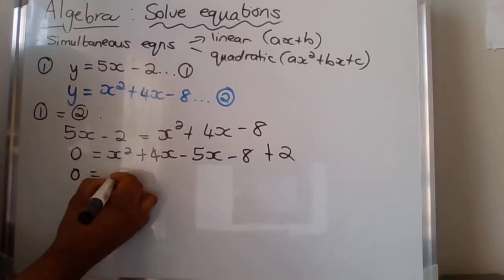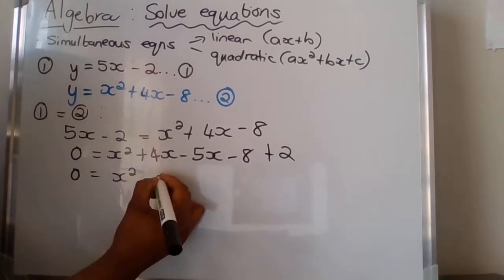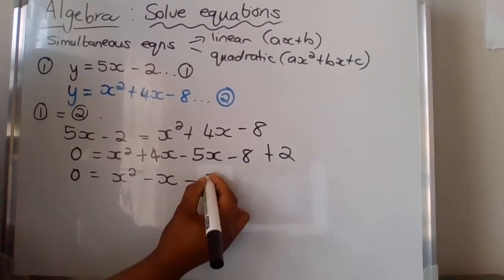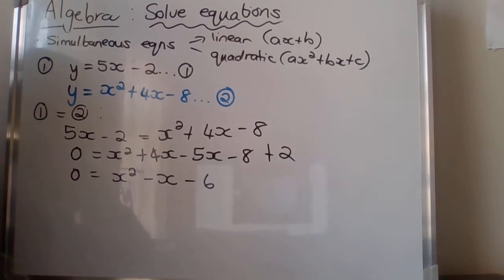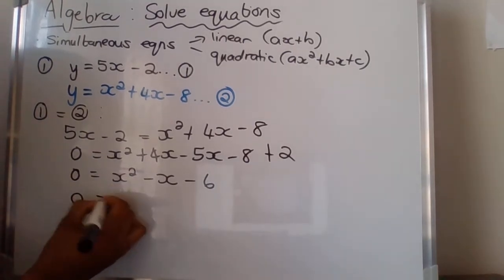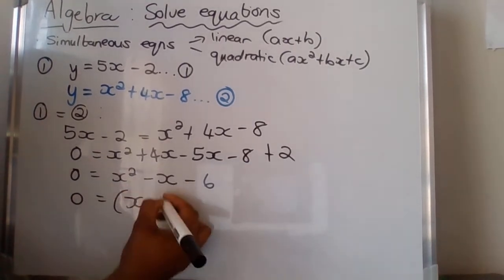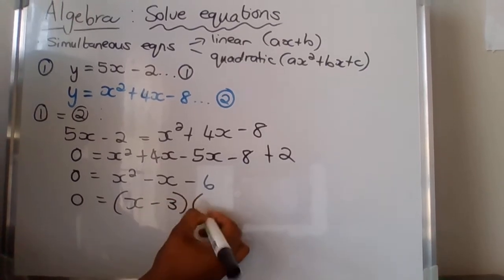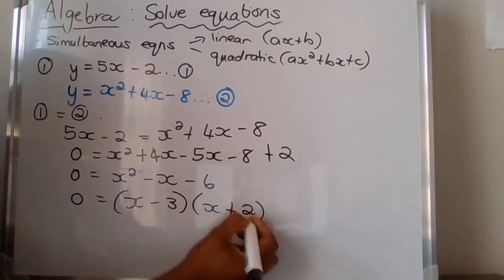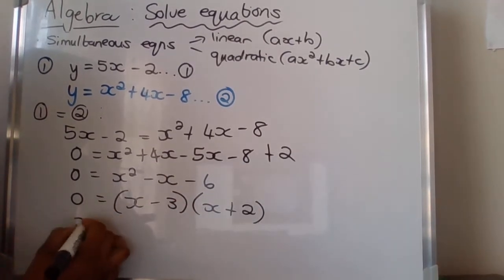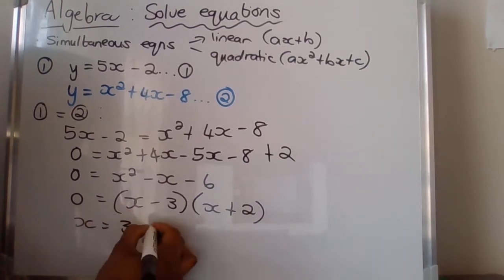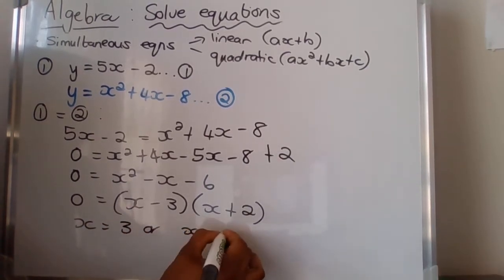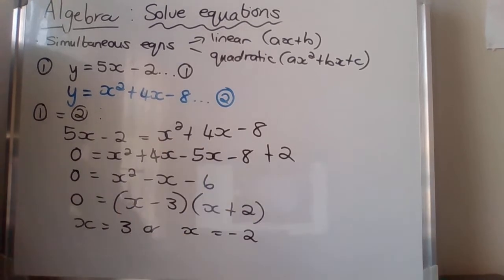Then I have x squared minus x minus 6. And then I solve for x. So it's x minus 3 times x plus 2. Therefore x is equal to 3 or x is equal to minus 2.